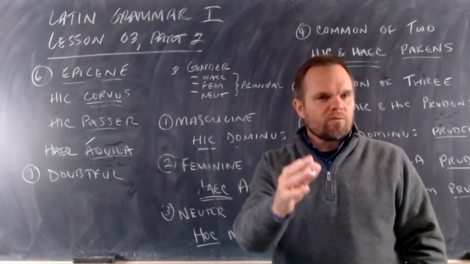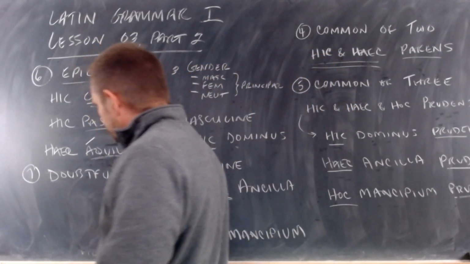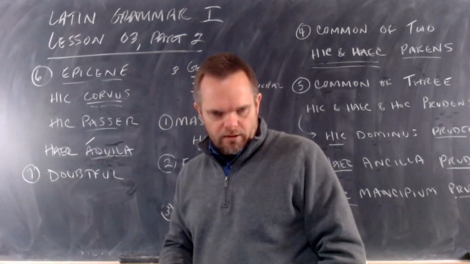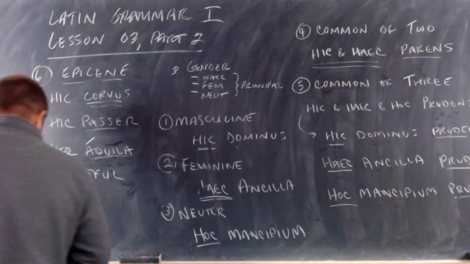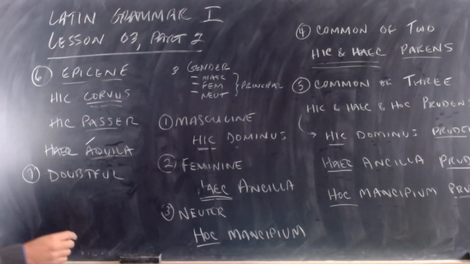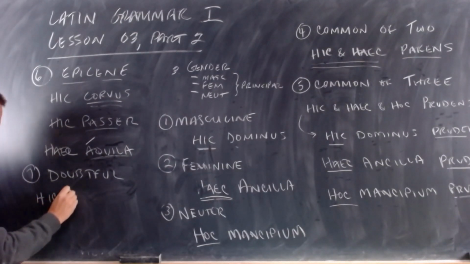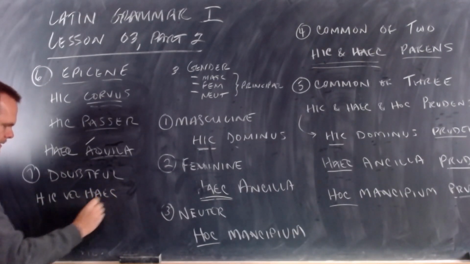There's not one rule. Okay? So, an example for doubtful, I think they give this example. No, they don't, but I'm going to give it. A common doubtful noun would be, and this is how it's written, hic vel haec dies.